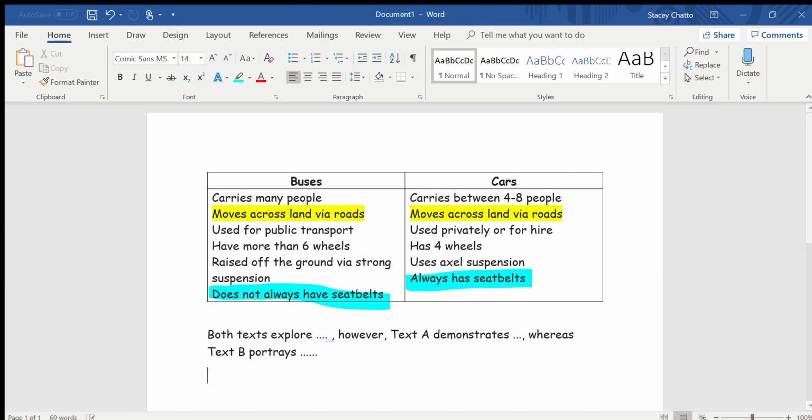So this is what I would expect if you were talking about text. But we're going to now just write the same sentence using buses and cars. Both texts, so both buses, both types of transport. Both types of transport travel via roads across land.